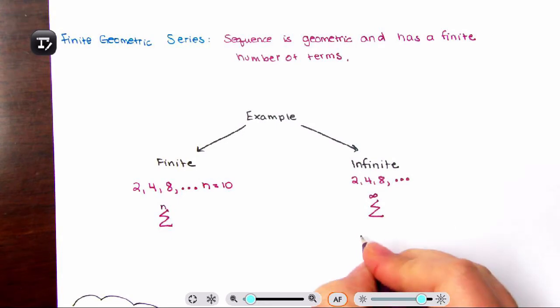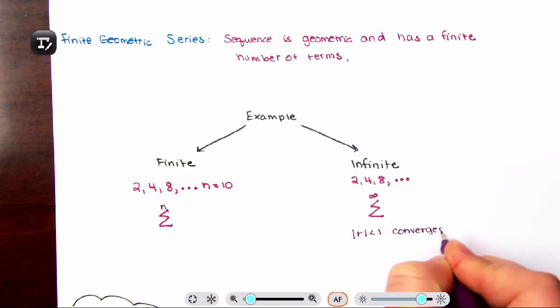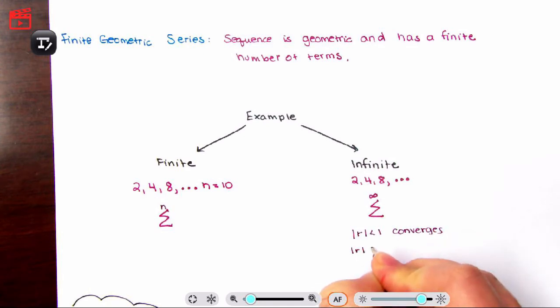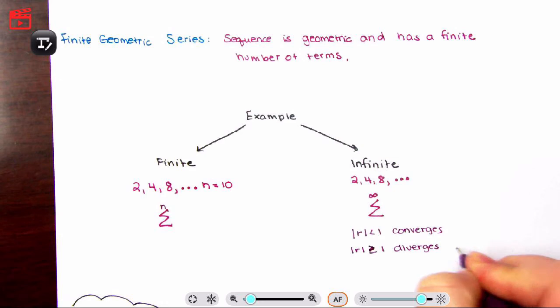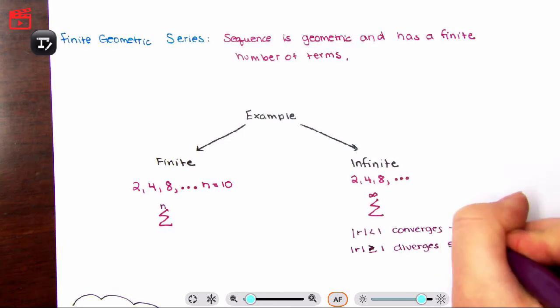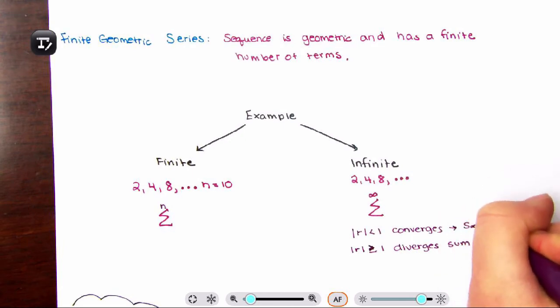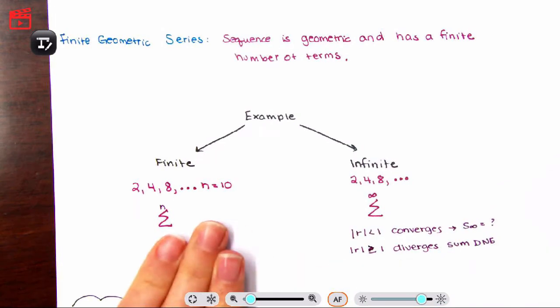Also, for infinite, you have to check if it converges or diverges, based on the absolute value of r. If it diverges, it does not exist. If it converges, we find the sum. However, that's infinite. We're focusing on finite.